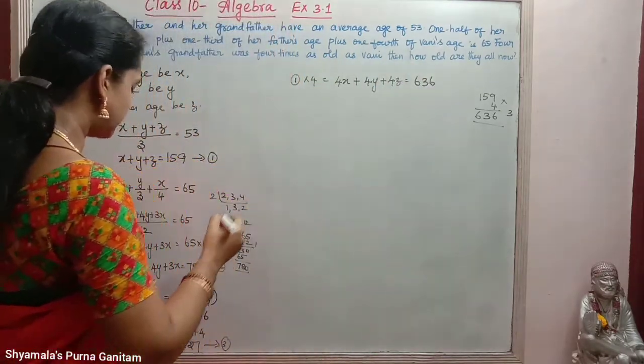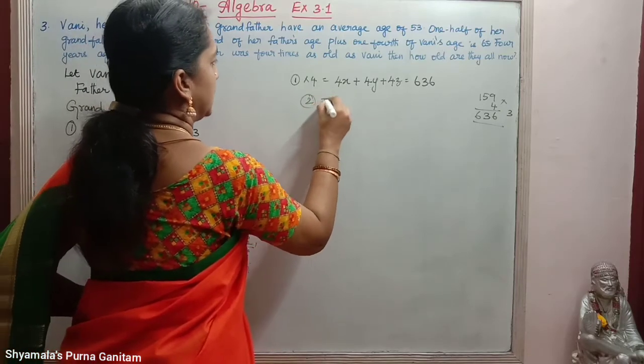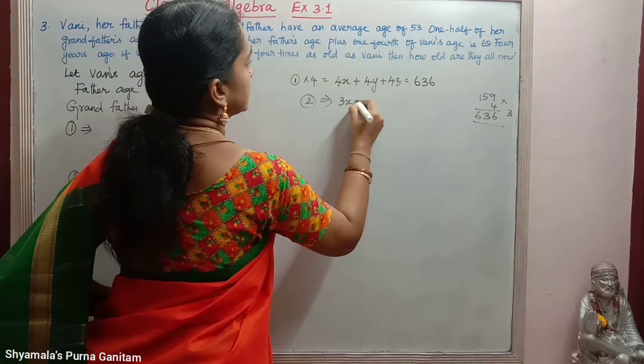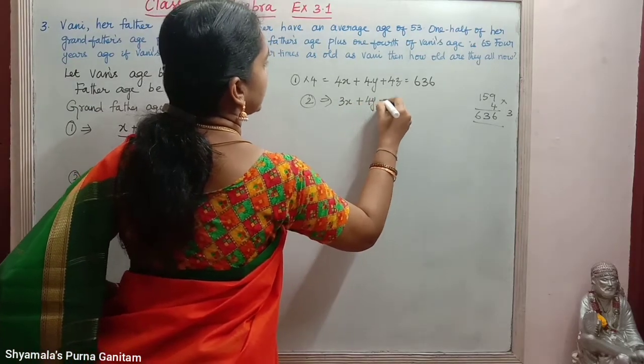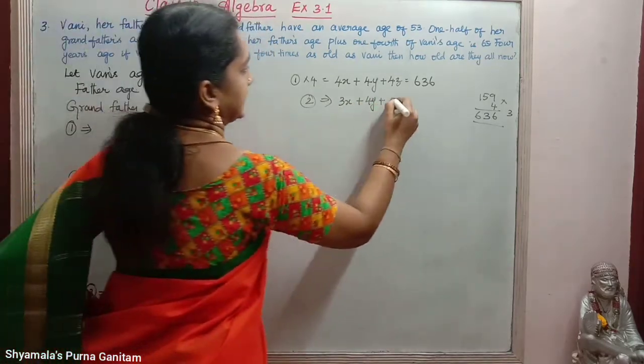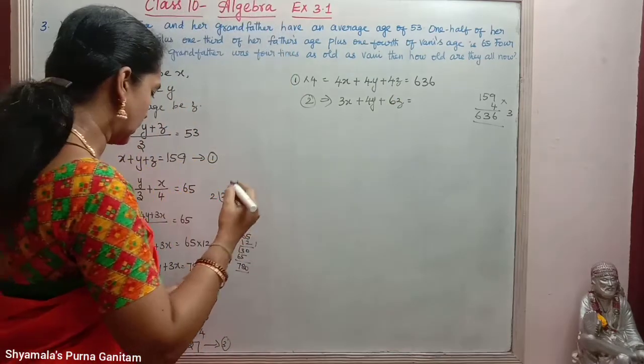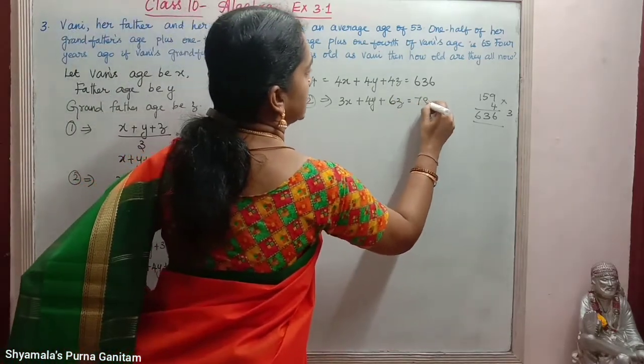Then taking the second equation and writing it in order, we get 3x plus 4y plus 6z is equal to 780.